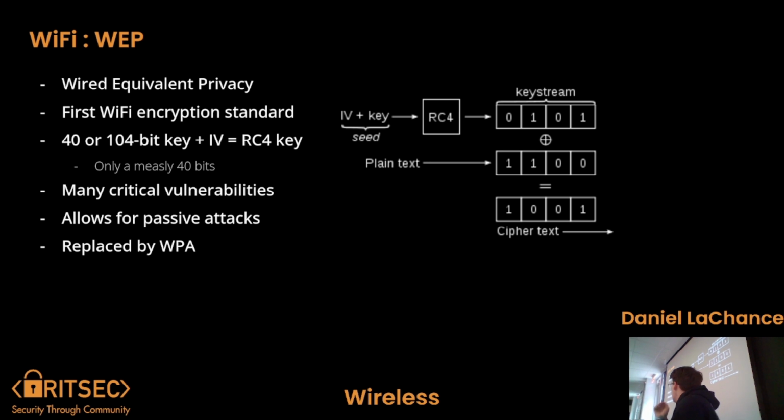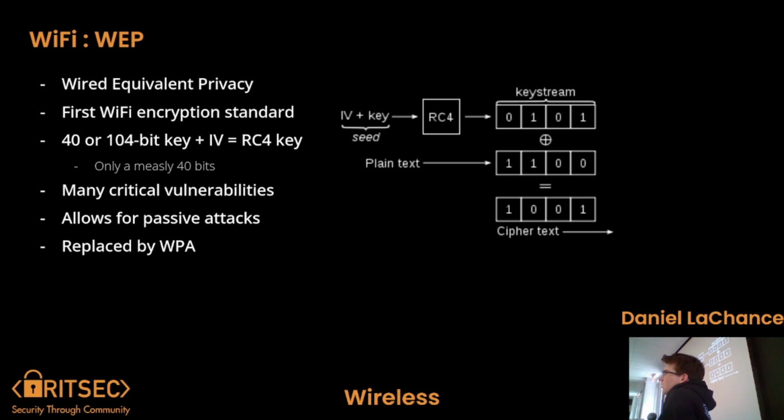So if you're sending a ton of those frames, sure, with WEP you have an initialization vector, but if you send a ton of frames, the initialization vector is just wiped out, and you can just start testing for the key.